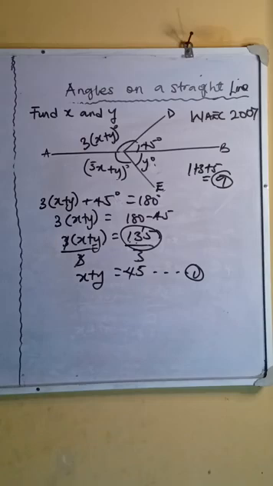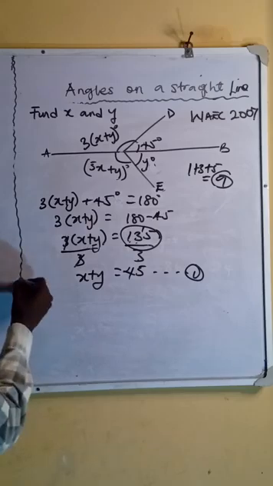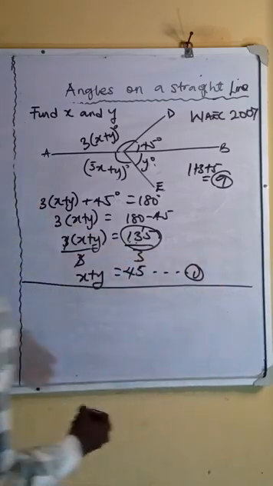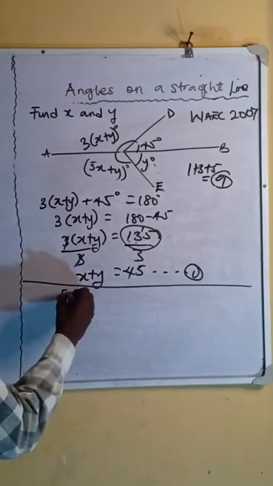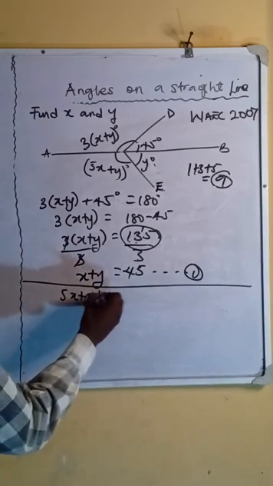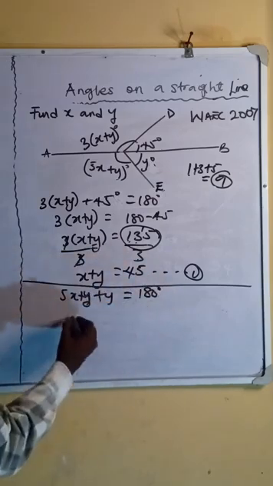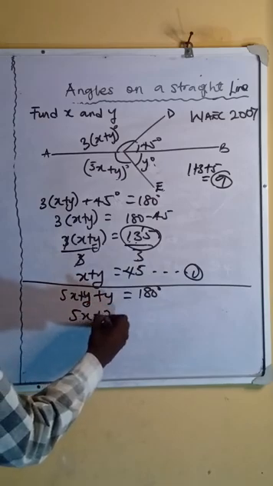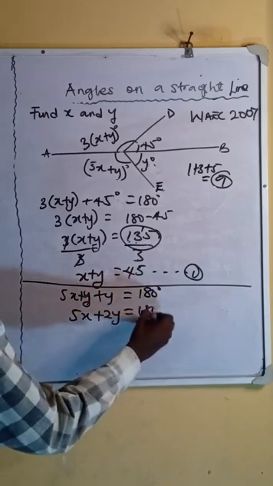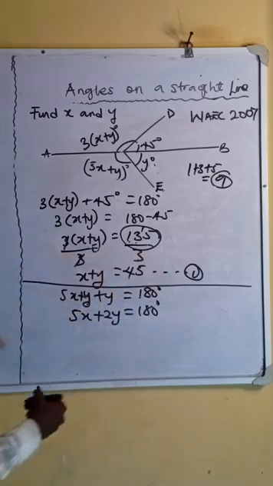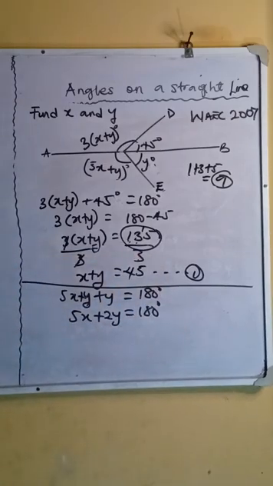Below we have this other one, so you can draw a line like this. 5x plus 2y equals 180. What's the reason? The reason is they are angles on a straight line. Since they are angles on a straight line, the sum of the two angles will be 180.